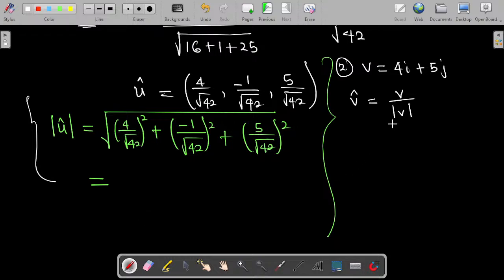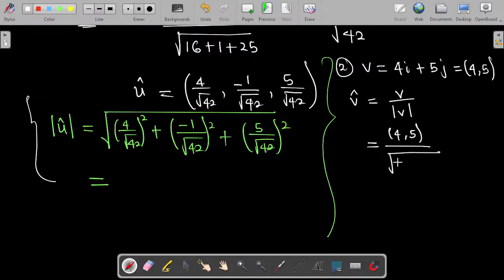All right, so we want to get the vector that is a unit in the direction of this, and that is going to be my v. Meanwhile, you can write this v in bracket form, which is 4, 5. Now, why I'm putting it in the bracket form is that it is more convenient to write it in this division. So all over, what will be the magnitude of v?